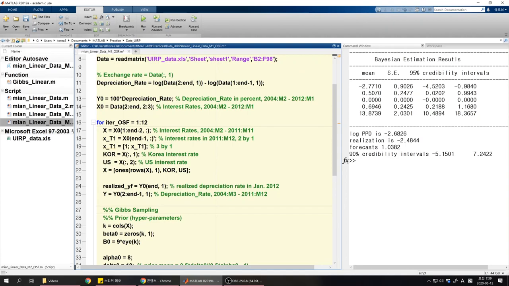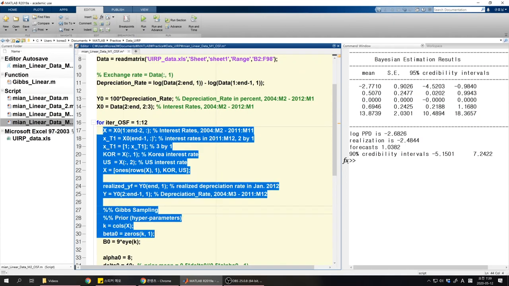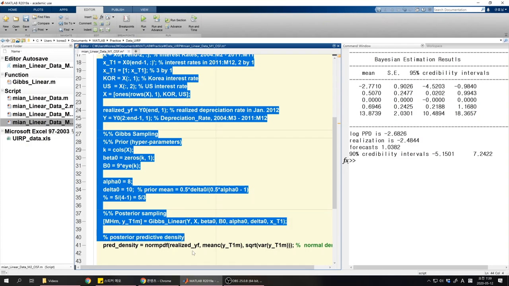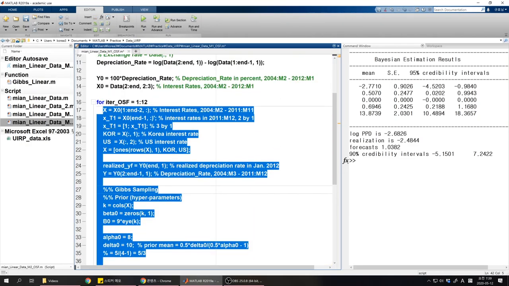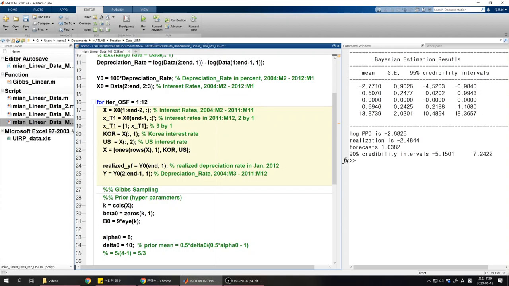Currently this part is for forecasting the most recent value, which is January 2012. I want to put itr_OSF starting at 1, and 1 means the most recent.